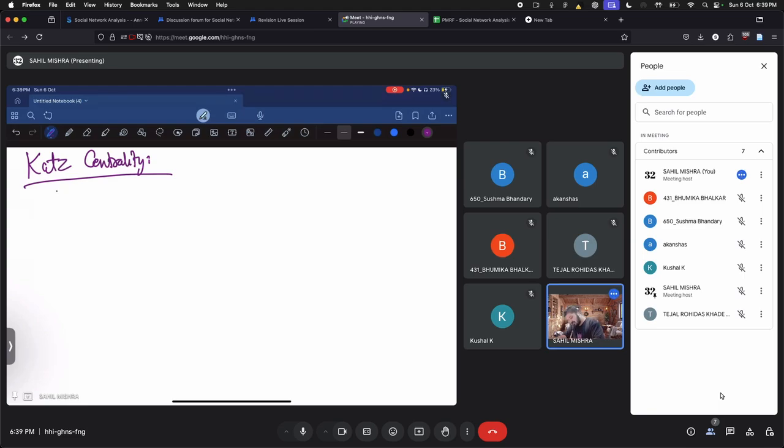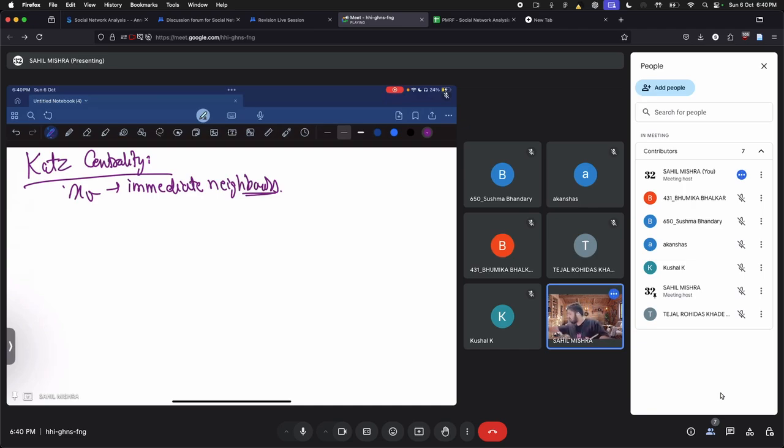So till now, what we have seen is that eigenvector centrality, I will write this as xv, uses immediate neighbors. But what's the problem with immediate neighbors? Immediate neighbors might be limited.